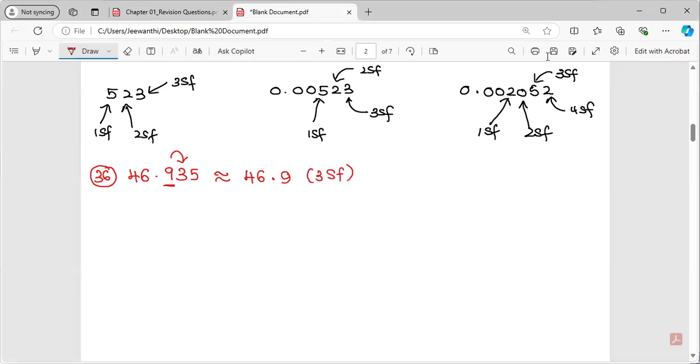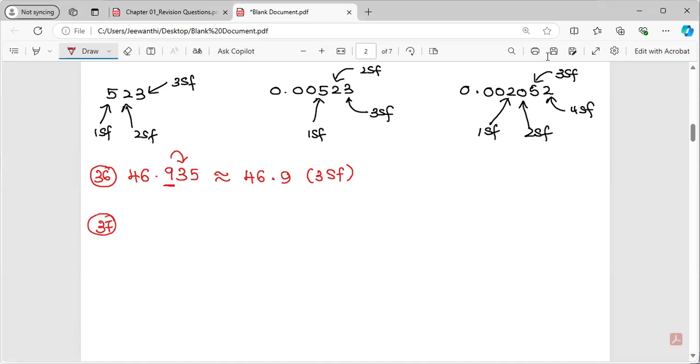No need to write the rest of the digits as 0, because it is a decimal number. But if it is a whole number, I will explain it with question number 38 and 40. If it is a whole number, when you are correcting to a particular significant figure, the rest of the digits should be 0. But here the rest of the digits can be 0, but there's no point of writing 0. Therefore, straight away you can write 46.9, and it is the third significant figure.